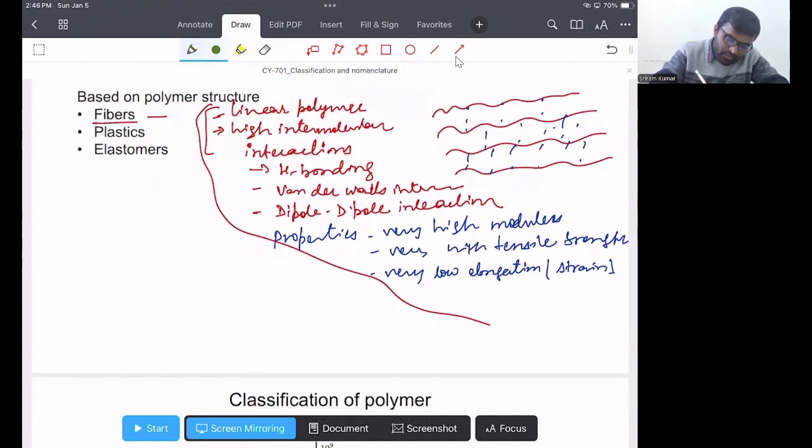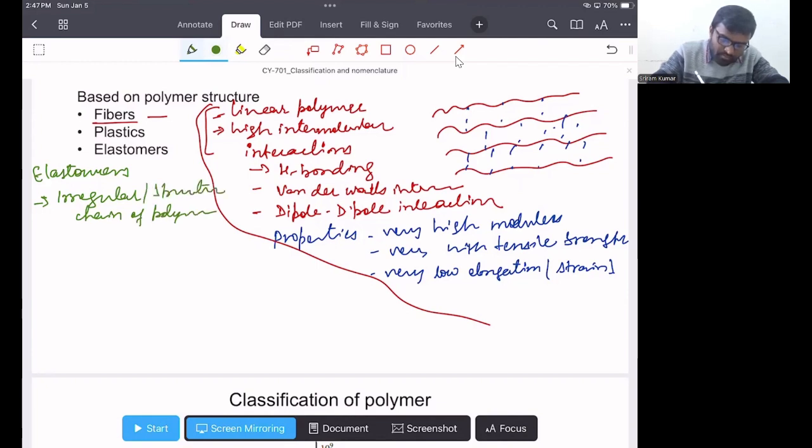For example, there is no fixed orientation, so there are irregular interactions, or irregular chains of polymers, or maybe an irregular structure of the polymers, and weak intermolecular interactions.